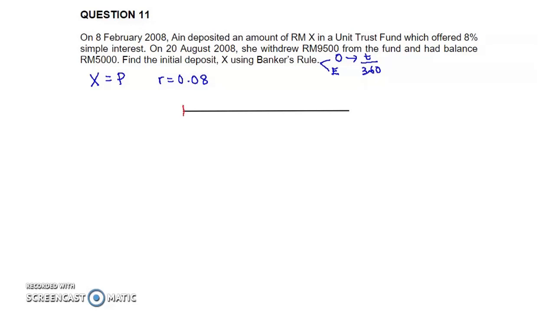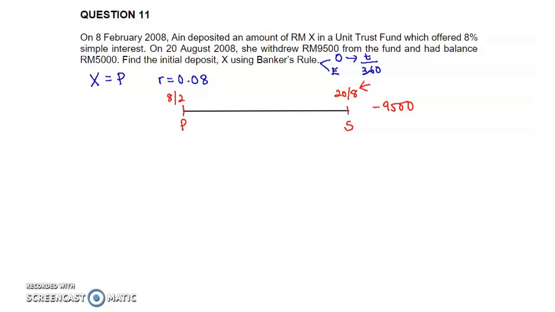The value here is value P, and at the end of certain period here must be value S. So P is on 8 February and S here is on 20th August. On 20th August here, she withdrew 9,500 from the fund and had balance RM 5,000.